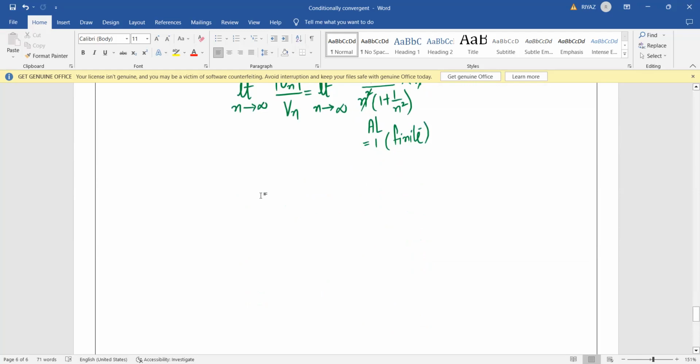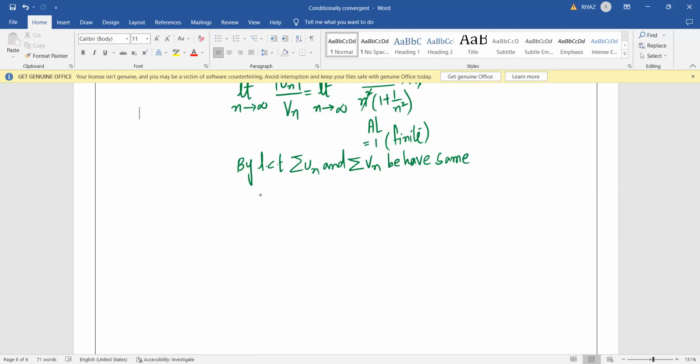So finite value means we can say, by the limit comparison test, summation mod un and summation vn behave the same.